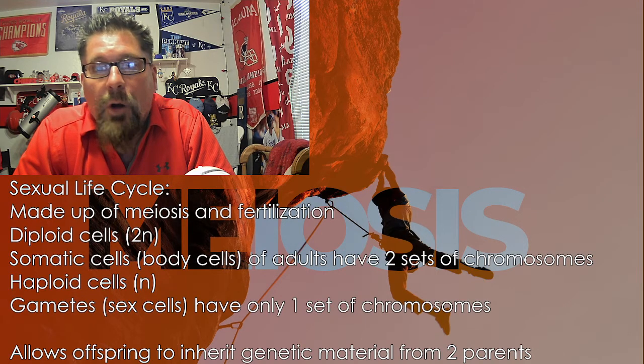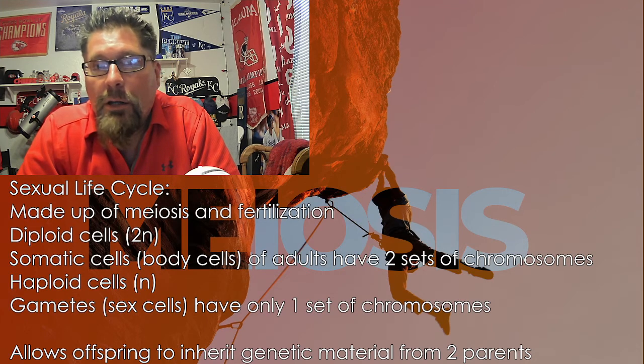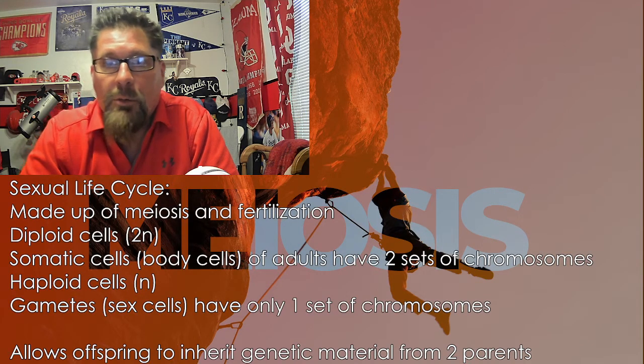You don't want more than a full set. That's when all kinds of conditions come into play, which we'll talk about in a later video. But mitosis, body cells, somatic cells, diploid, the gametes, the sex cells, meiosis, haploid, one set of chromosomes.